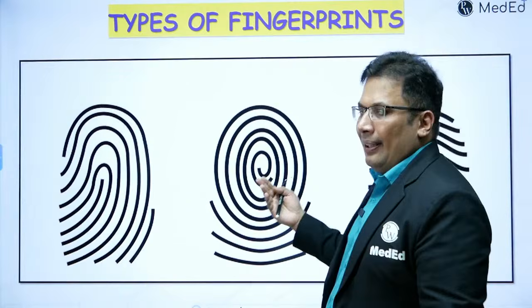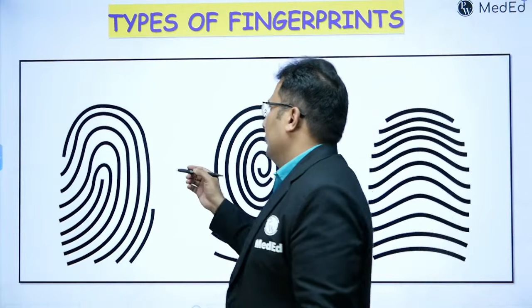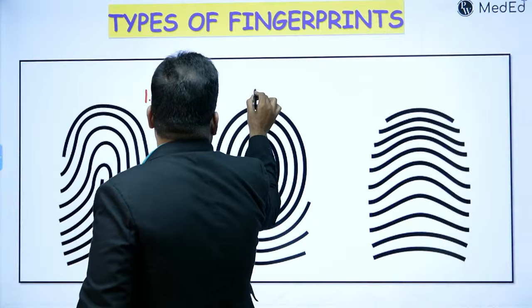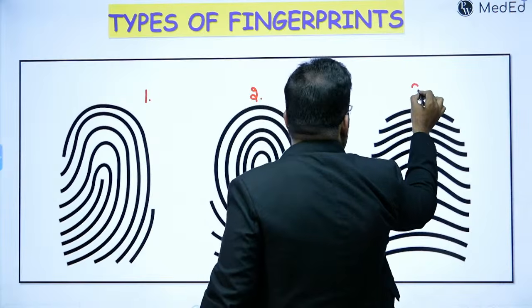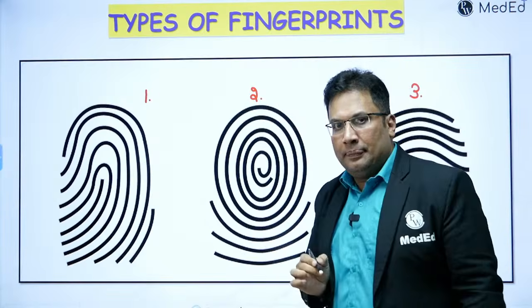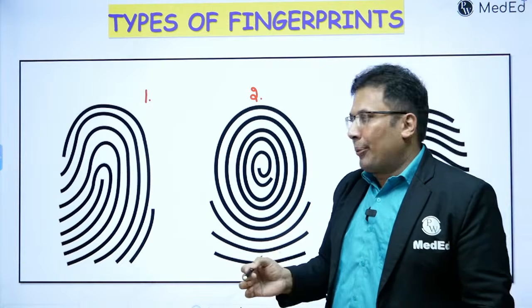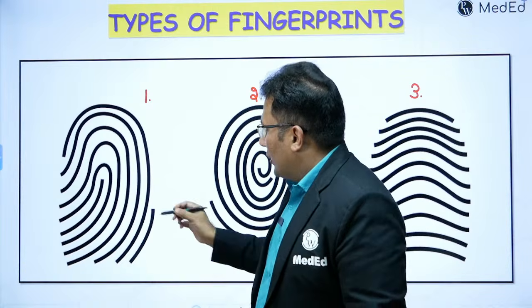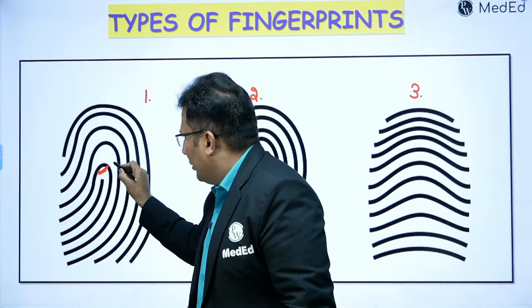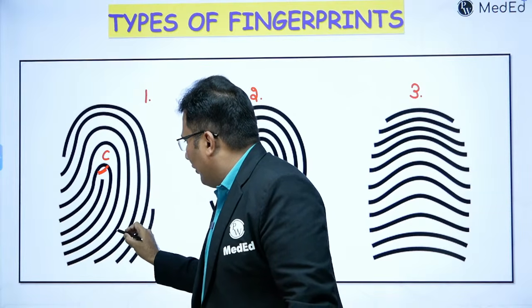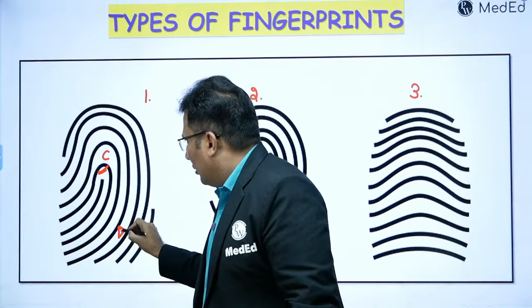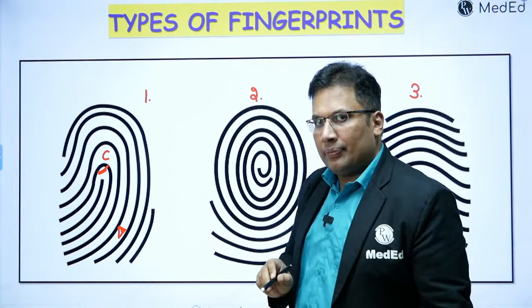Now, I have 3 images here. 1, 2, 3. You need to identify what are these fingerprints. So, this is curving ridge, C, and somewhere here delta. So, one core, one delta is there.